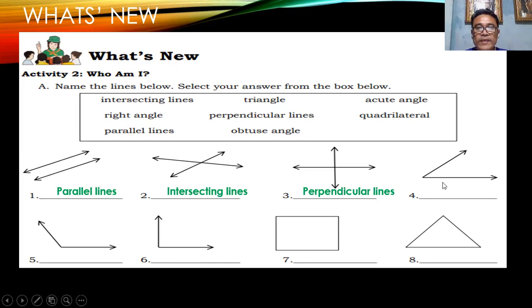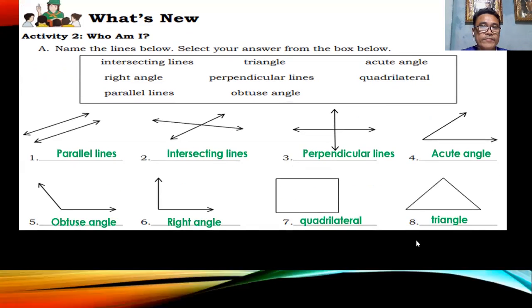Number 4, what kind of angle is this? Acute angle. Number 5, obtuse angle. Number 6, right angle. Number 7, quadrilateral. Number 8, triangle.